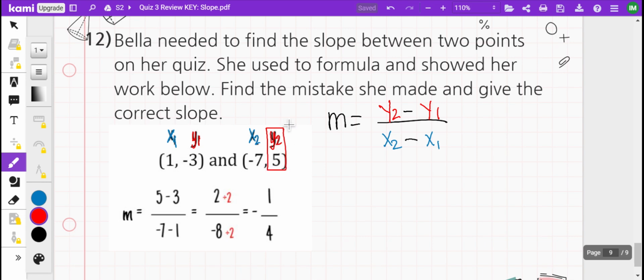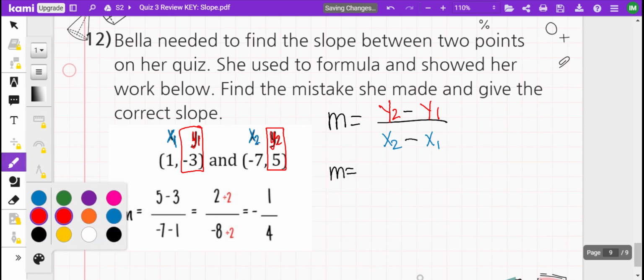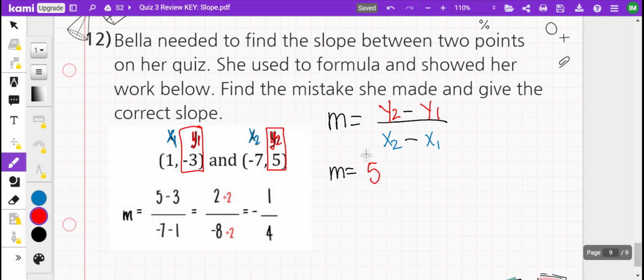Y2 is 5, minus y1 is negative 3. There's her mistake. So the formula should say y2 we said was 5. So she's still correct there. Minus, this minus comes from our formula, y1, which is negative 3. So this is her mistake.